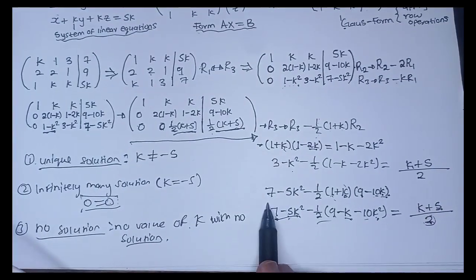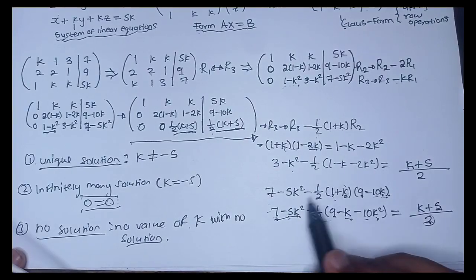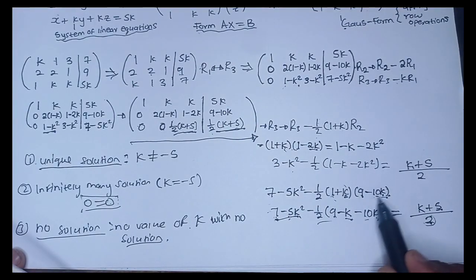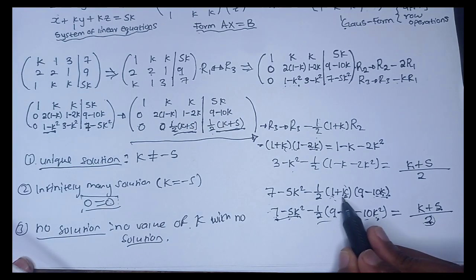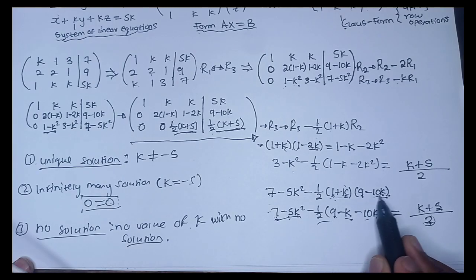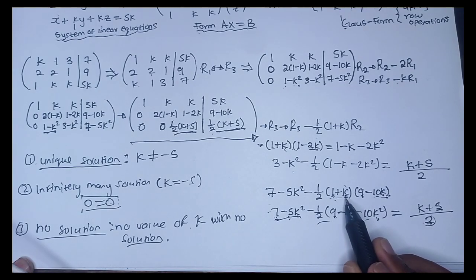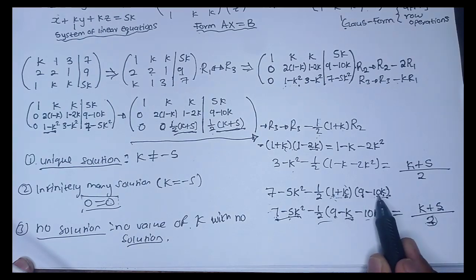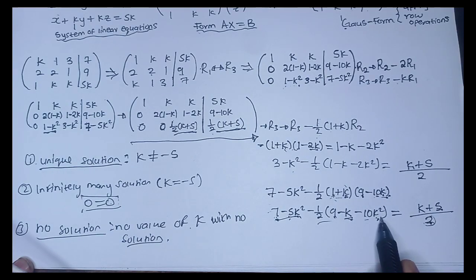For 7 minus 5k squared minus half of 1 plus k into 9 minus 10k, simplifying this part, you can see 1 times 9 is 9. Then 1 times negative 10k plus k times 9, I get negative k. And also k times negative 10k, which is negative 10k squared.